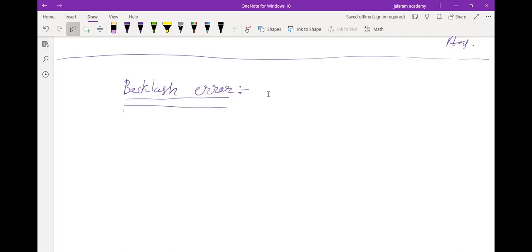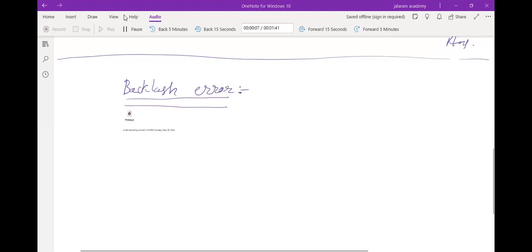This type of error is called backlash error, as we will not be able to fit the object between the stud and the spindle if it has backlash error. Is that clear to everyone? Yes, sir. Can you please repeat?